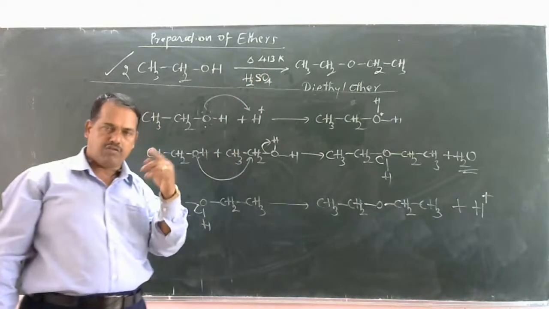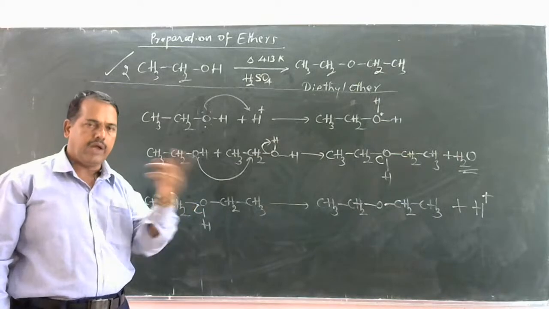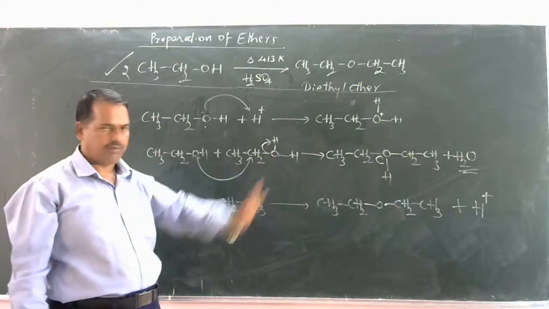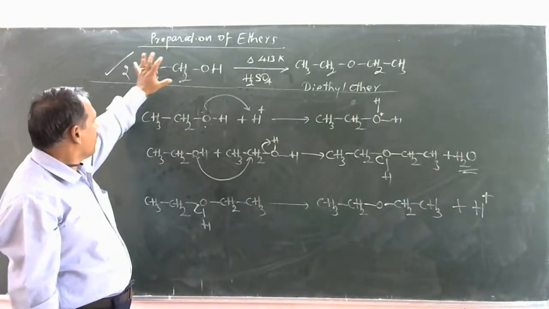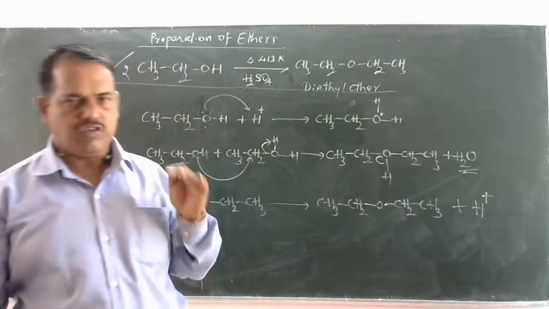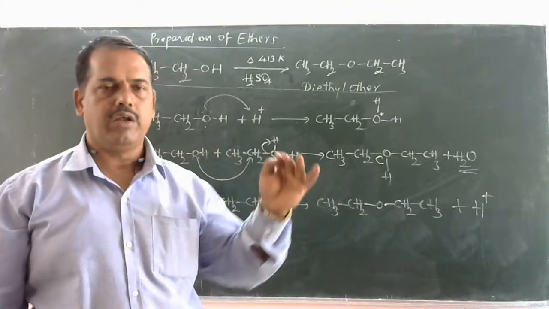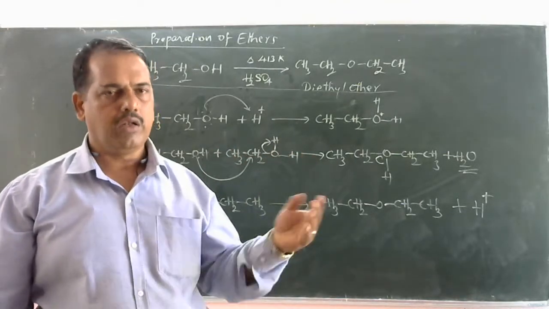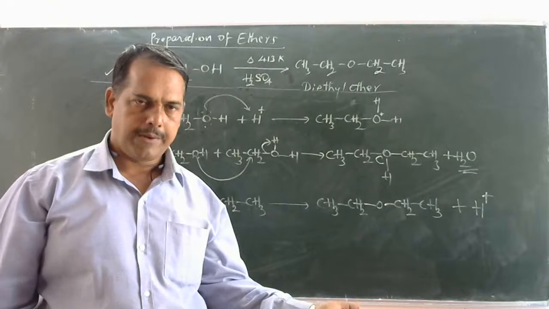If the temperature is higher, dehydration takes place and alkenes are formed. We are taking primary alcohol here. If this method is applied to tertiary and secondary alcohols, again alkenes are obtained.